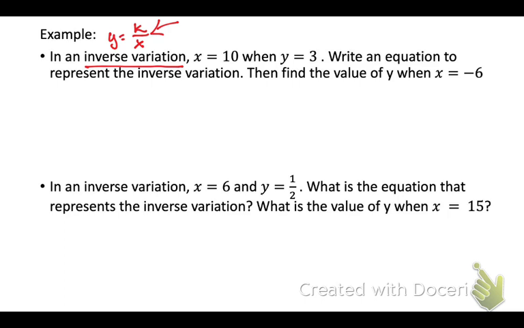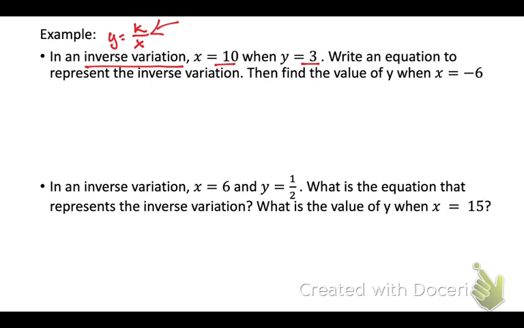X is 10 and y is 3. Write an equation to represent the inverse variation, then find the value of y when x is -6. So if I have x and y, I have to find k, because k would have to be in an equation, wouldn't it? Okay, so y is 3 equals... Actually, can I move around the equation first?